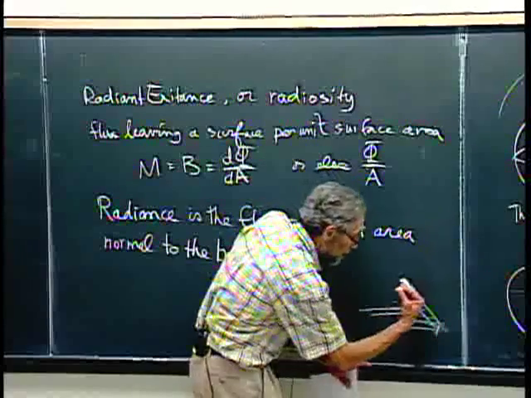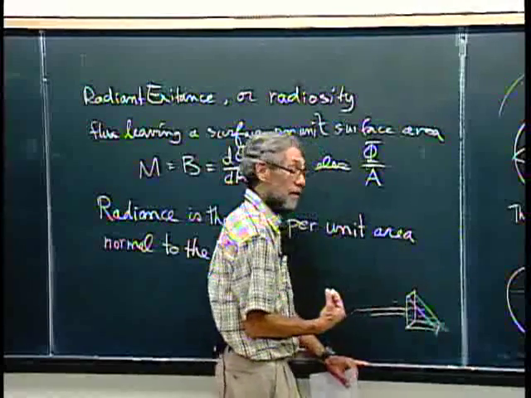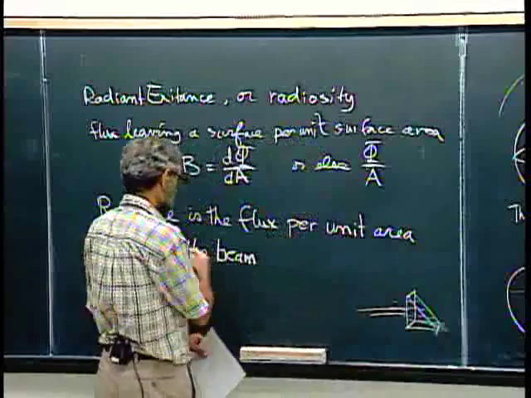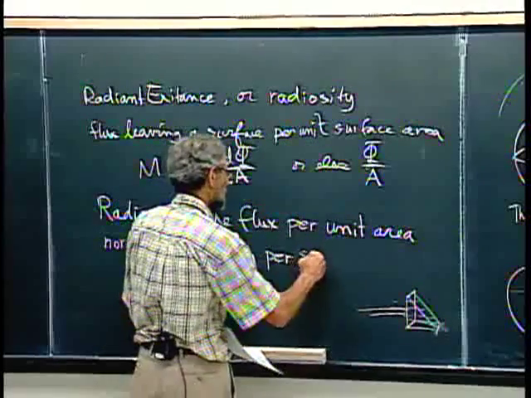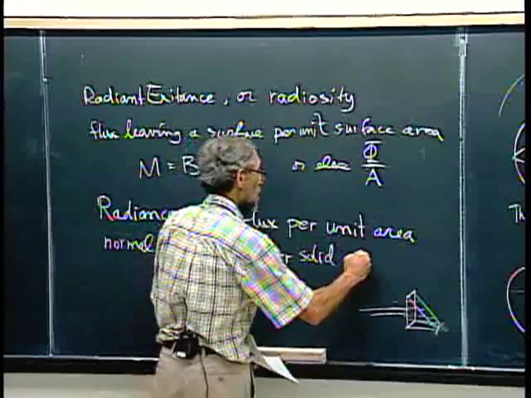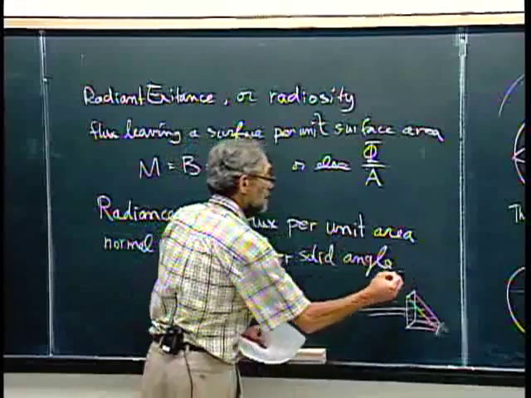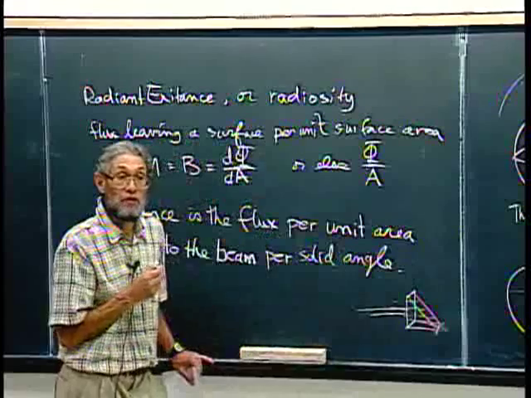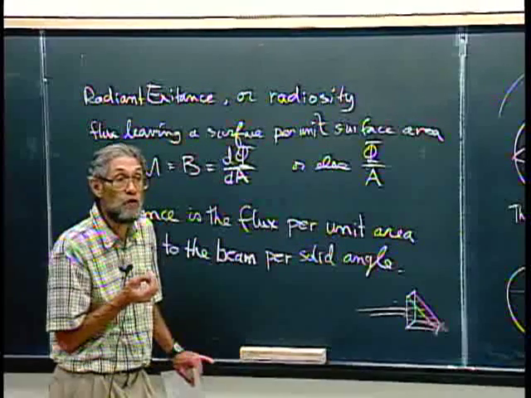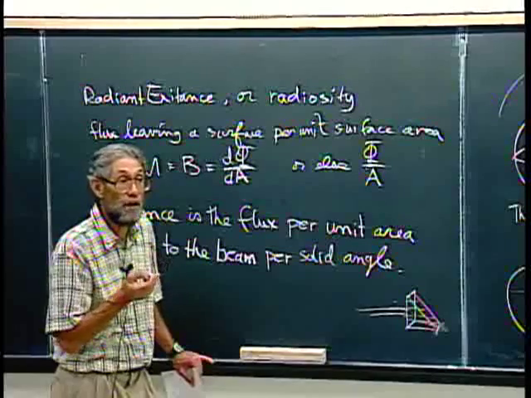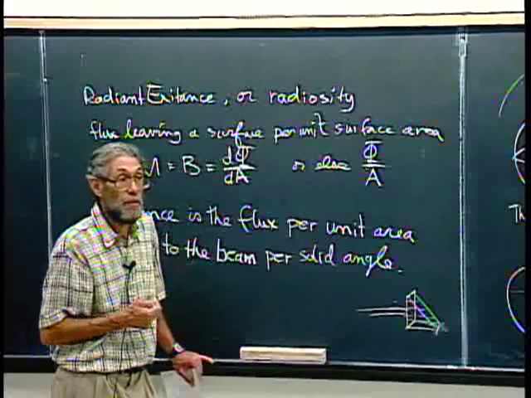I want to get it perpendicular to the beam. And that's what this normal to the beam is, per solid angle. I said solid angles are measured in steradians, but it's really a pure number. It's an area on the unit sphere, and since the radius is 1, it just comes out to a number.